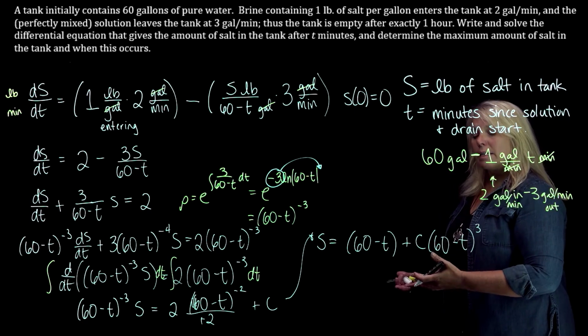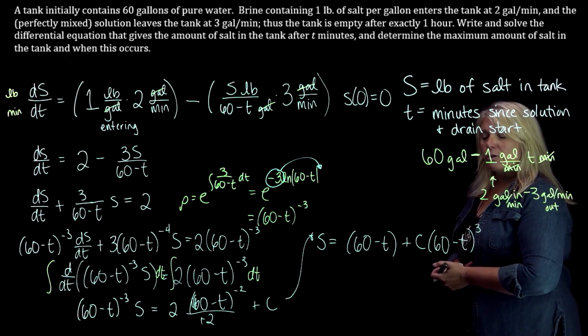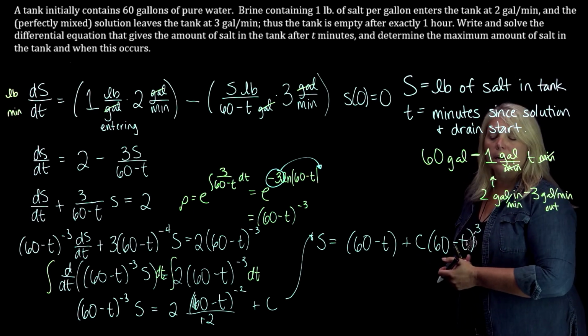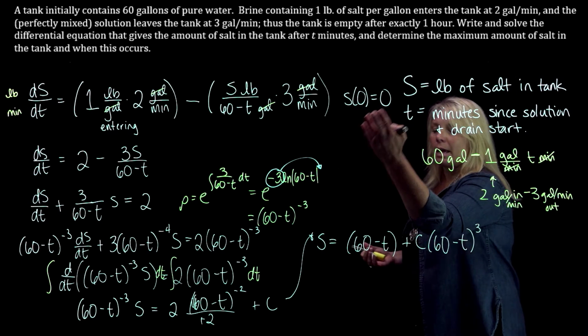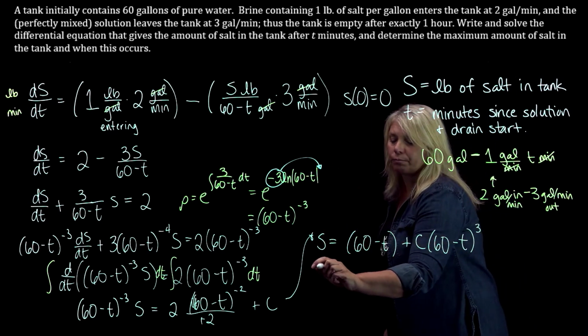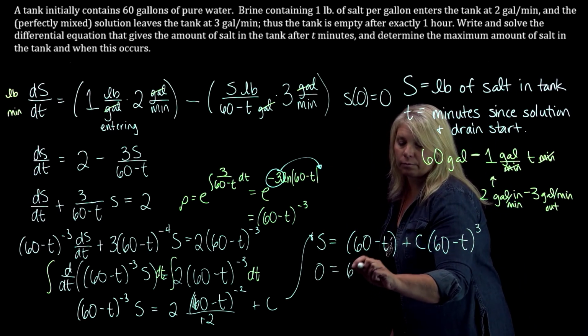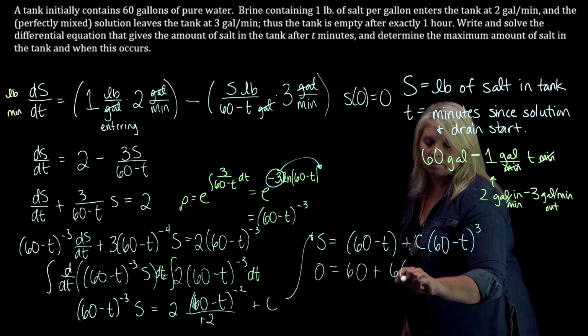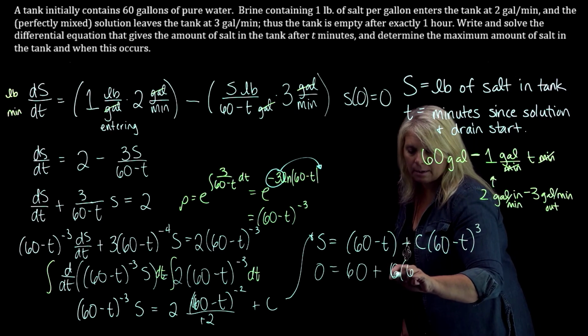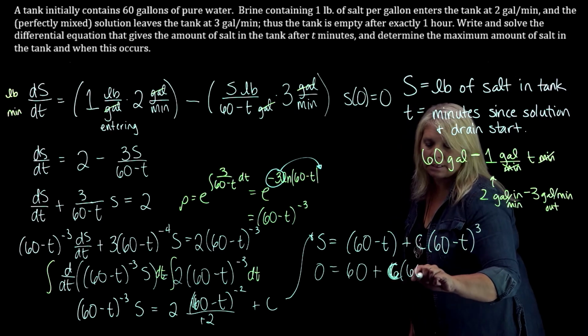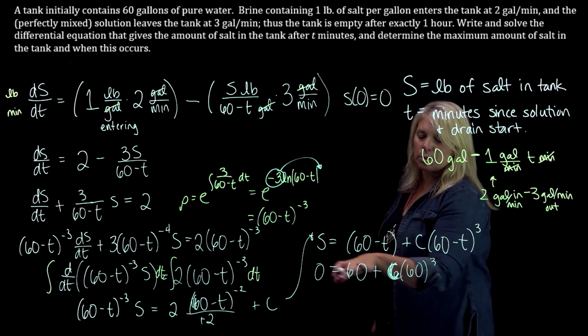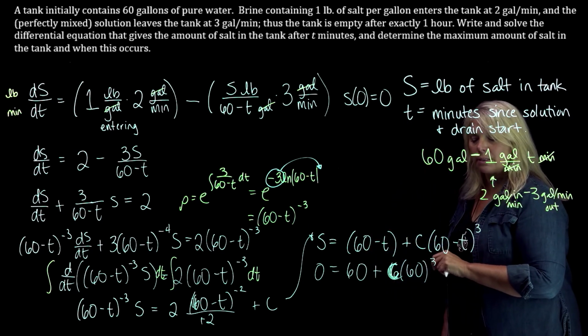All right, so there is my explicit general solution. I do have an initial condition, so I can go ahead and plug that in and find my c value here. C times 60 cubed, so subtract 60 and divide through by 60 cubed.